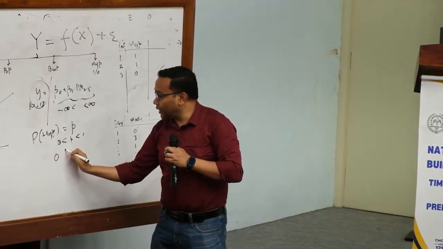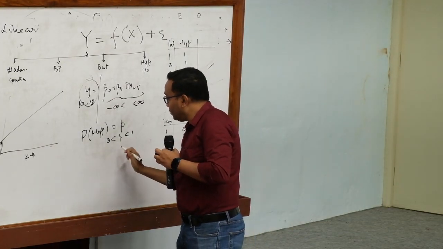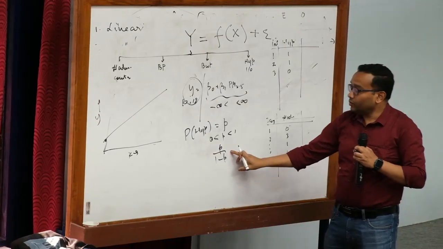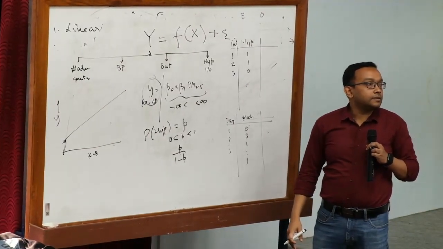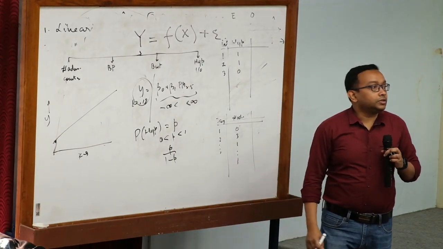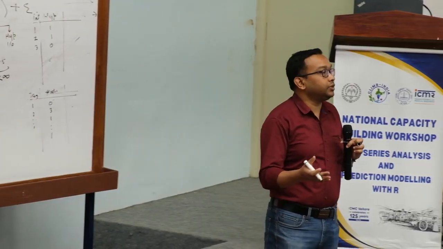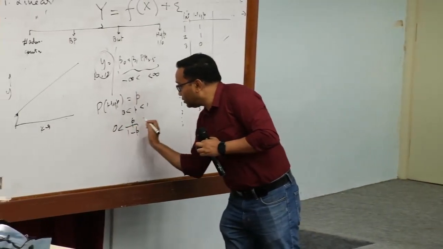If I divide P by 1 minus P, what is the range of this? P is a fraction, 1 minus P is also a fraction. Divide a positive fraction by another positive fraction, the range will be 0 to infinity.